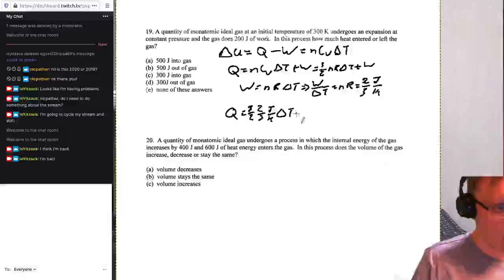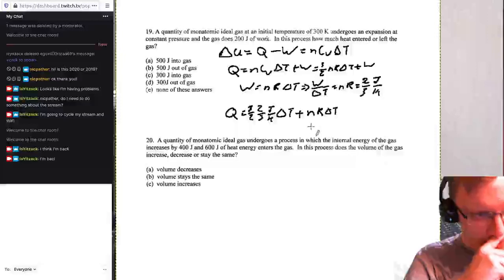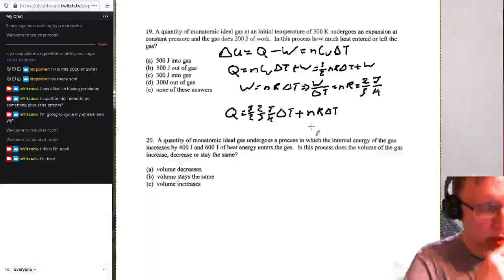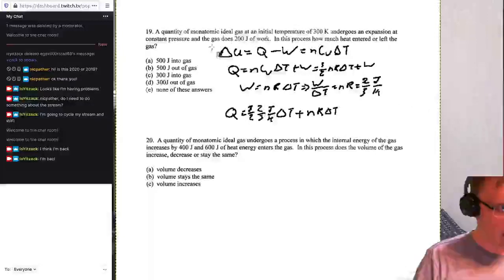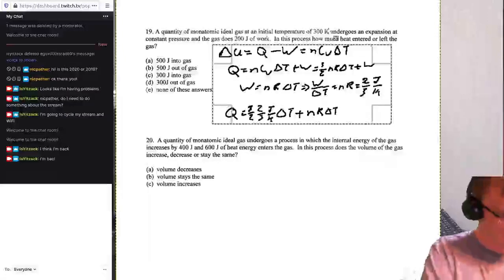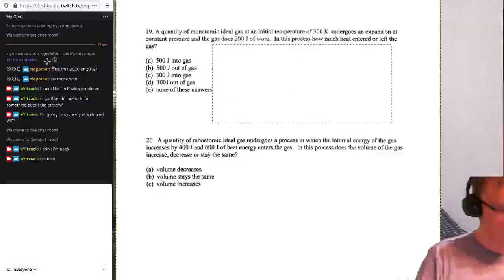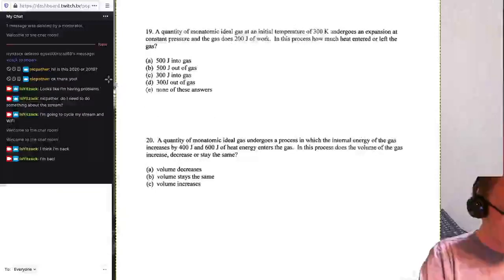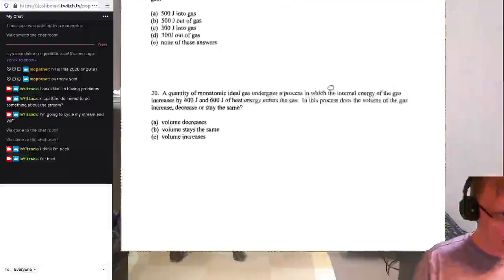Delta T plus the work, which is nR delta T. I think I went about this just about the wrong way. We'll come back to this.